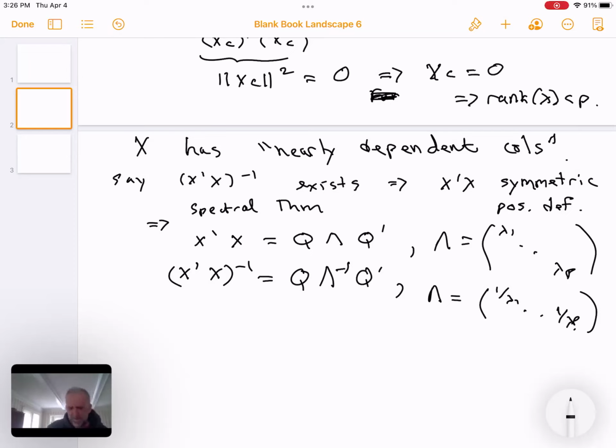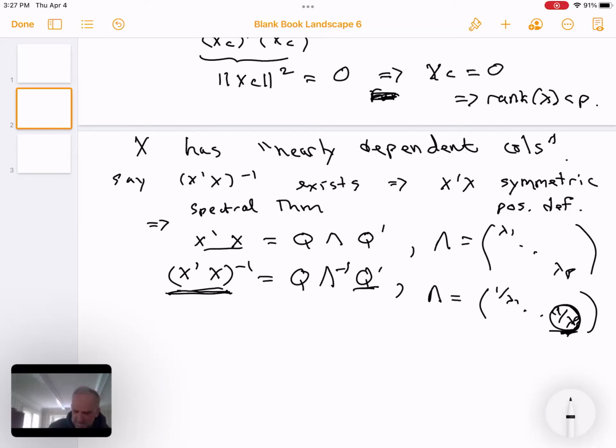So if I have a small eigenvalue here, I get a large eigenvalue here. What happens then? If I multiply a vector that is in alignment with the eigenvector that corresponds to the large eigenvalue, let's say 1 over lambda p is very large, and I multiply something that has a lot of the pth eigenvector component in it, then it's going to super magnify that vector.